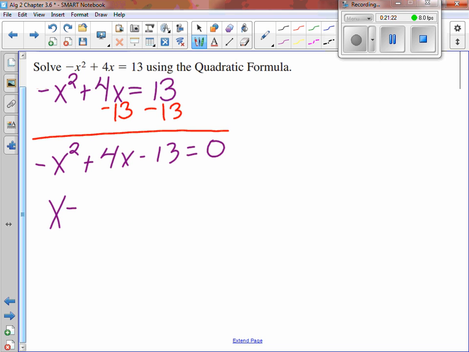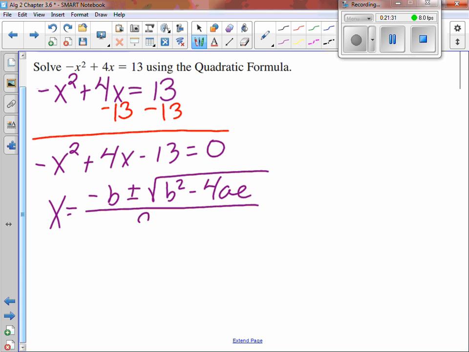So the next thing we need to use is the quadratic formula, negative b plus or minus the square root of b squared minus 4ac all over 2a. We need to use this here.